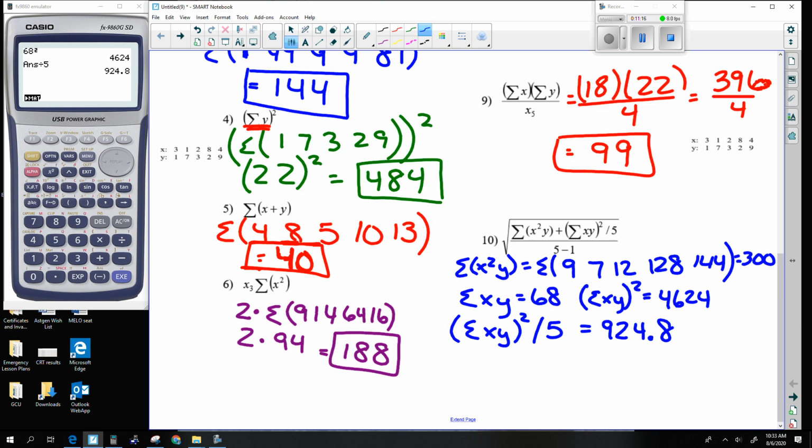So simplifying, my numerator is now 300 plus 924.8. Okay, so I'll just put that together pretty quickly here. And so that's 1,224.8.